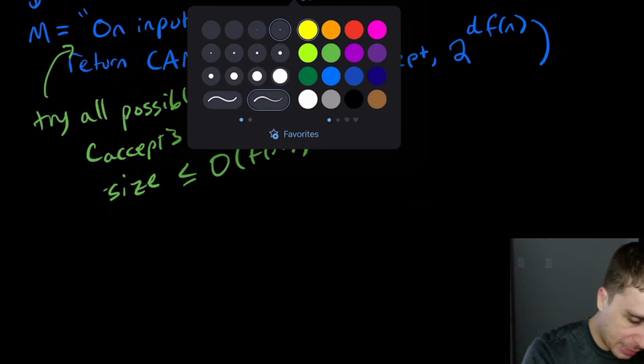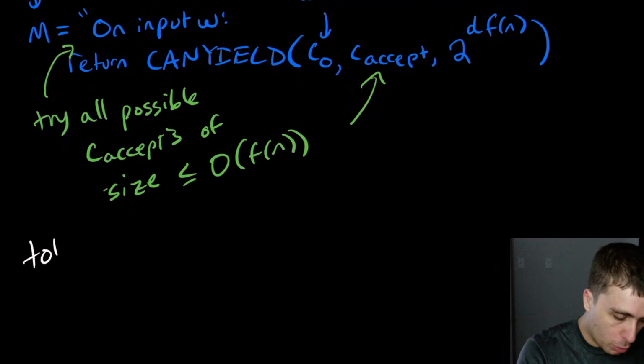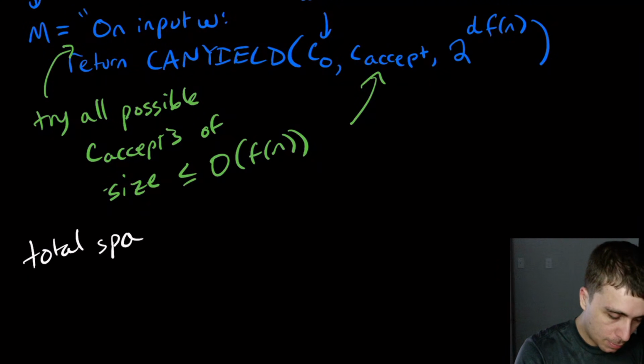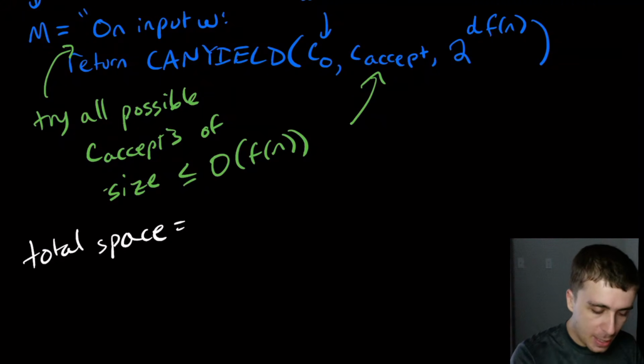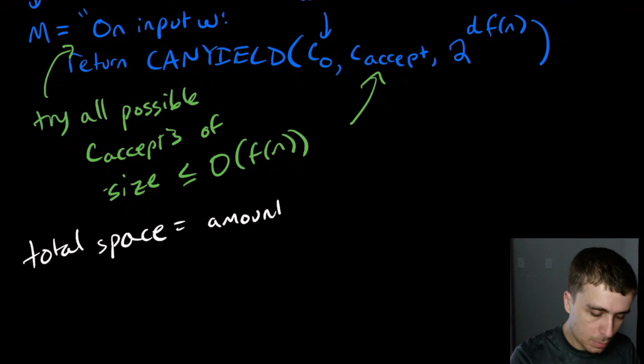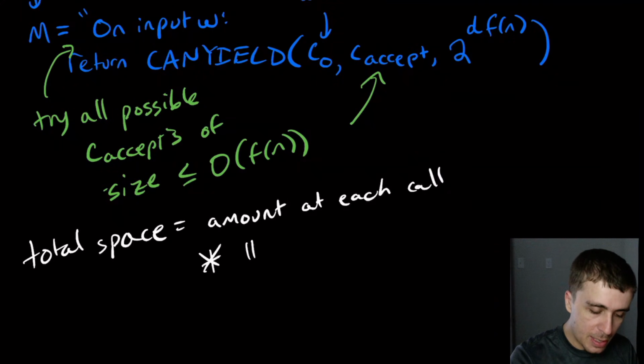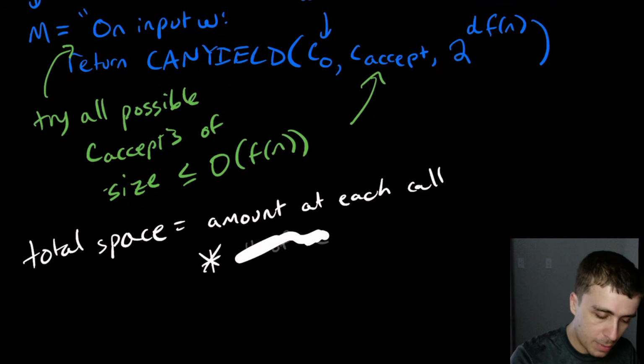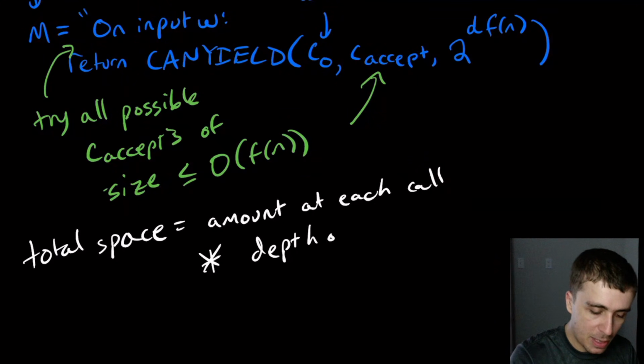times the depth of the recursion. So let's write that down. The total space is going to be the amount at each call times the number of recursions, or not the number here, times the depth, I should say. So the depth of the recursion.